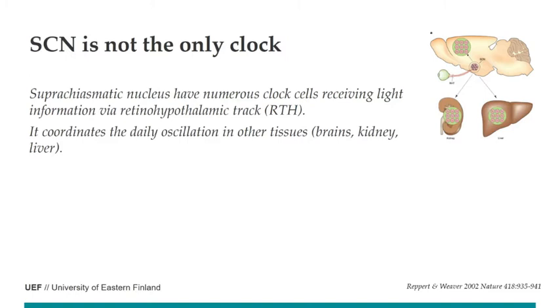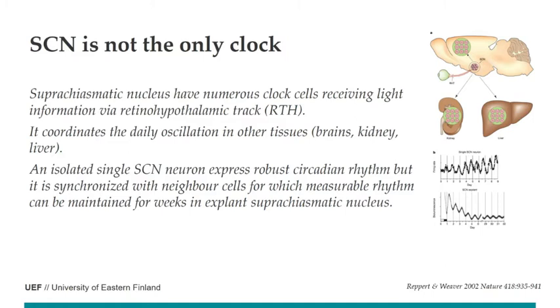So it gives the information to brains and kidneys and liver, and all these other tissues also have some clocks, but these clocks are under the order from the suprachiasmatic nucleus.